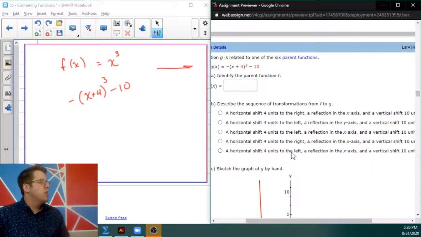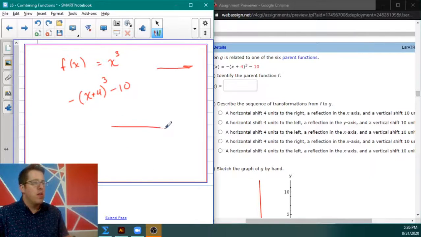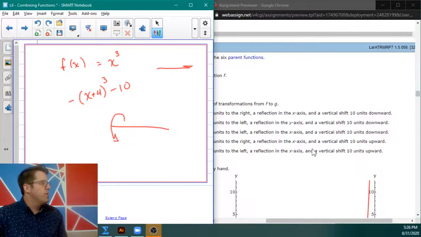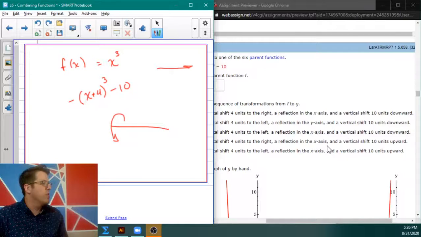A reflection in the x-axis means a vertical reflection. So that gets rid of this second option. So it's either 3 or 5 here. And a vertical shift 10 units downward, because minus does mean down. So it's our third option here.